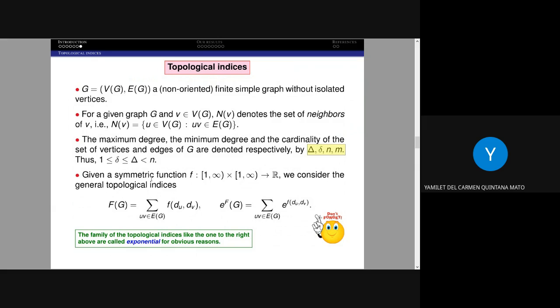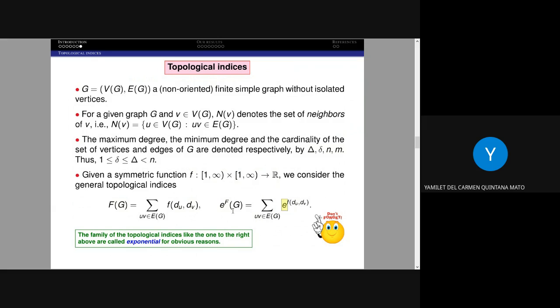Given a symmetric function f defined on this set, we can consider the general topological index F, given by this expression, and E F of the graph, given by this expression involving the exponential function.